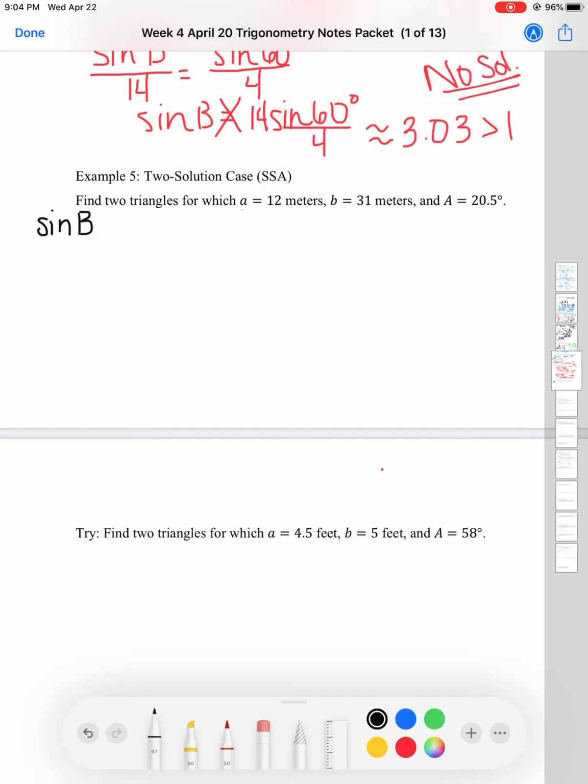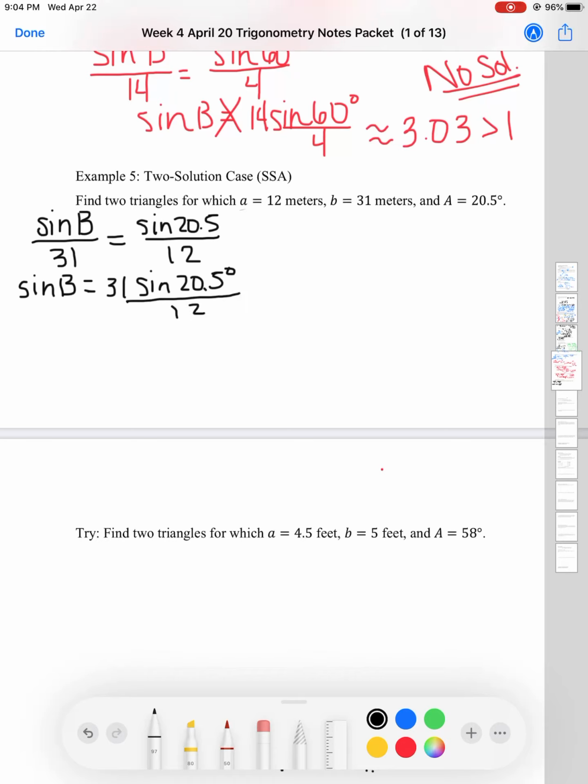So we're going to start with sine B over side b, which is 31, equals sine 20.5 over 12. This gives us sine B equals 31 times the sine of 20.5 degrees over 12.